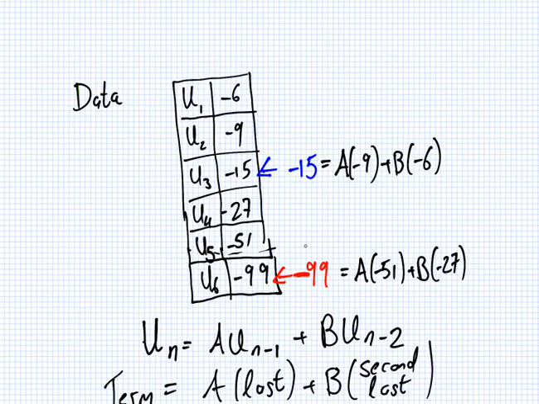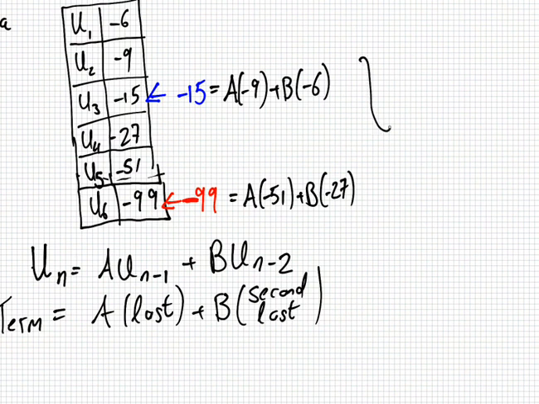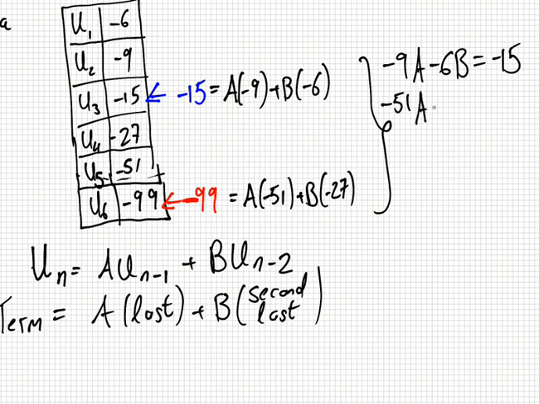So, you're in this following situation. You have minus 9A minus 6B equals minus 15, and minus 51A minus 27B equals minus 99. Now, if I can just borrow a Casio calculator for a moment. Now, of course, it's not necessary for me to show you how to solve this.